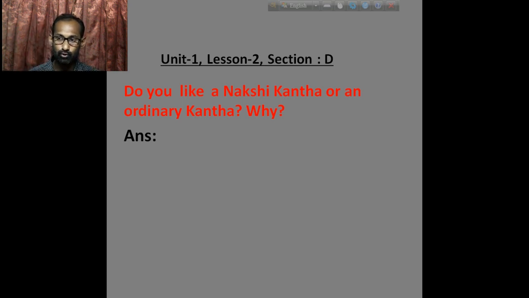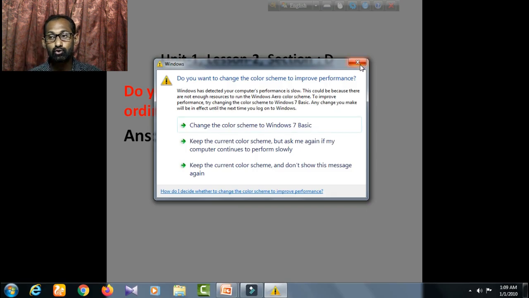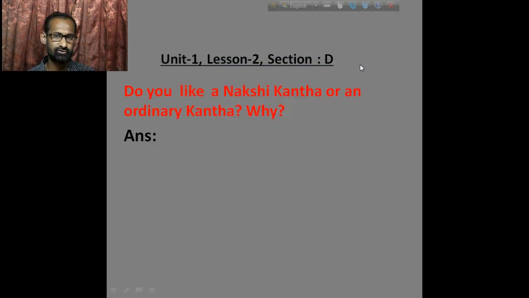If you want to write about Nokshikatha, you may need help, so you have to take help from every source for describing Nokshikatha. You can use pictures of Nokshikatha. Later I will take a class and make it very easy, showing how you will write about Nokshikatha, and I will try to make it clear what Nokshikatha is.